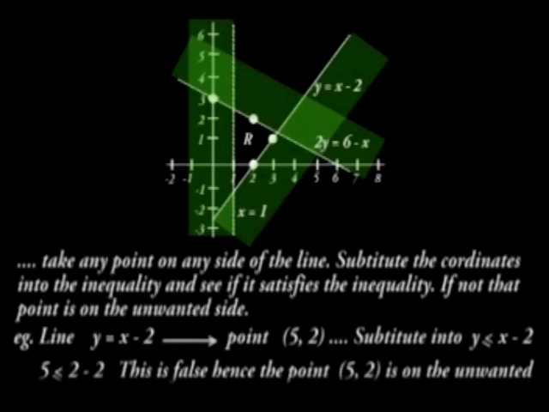Substitute in y is less or equal to x minus 2, that is 2 is less or equal to 5 minus 2. This is not true, and hence the point 5, 2 is on the unwanted side. Shade that side of the line. Repeat the same for the other two lines. The region marked R satisfies the inequalities listed above.